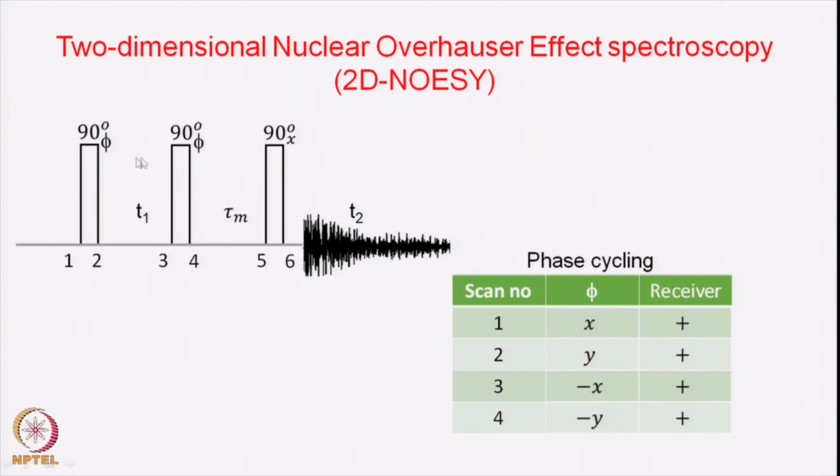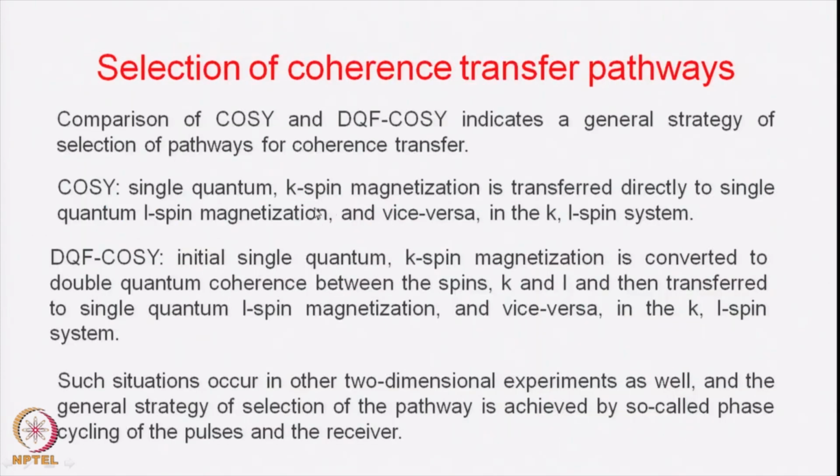So, here we have 90 phi, 90 phi and 90x here, and the phase cycling that is used for this experiment is given in this manner. You change the phase of the excitation pulses x, y, minus x, minus y, and plus plus plus plus here. Notice in the double quantum filtered COSY we have the phase cycles with initial single quantum k spin magnetization converted into double quantum coherence between the spins k and l, then transferred to single quantum spin magnetization and vice versa in the kl spin systems.